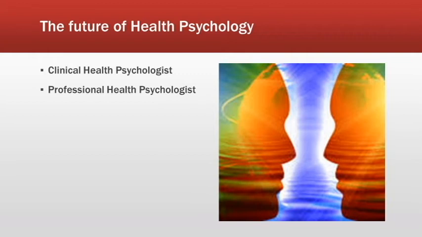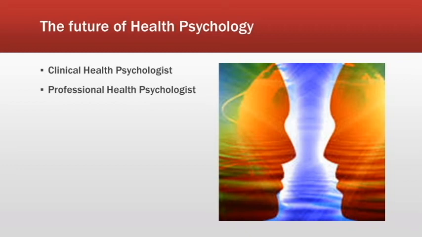Now, the clinical health psychologist is really a clinical psychologist that has incorporated health studies into their field, where they're merging clinical psychology with its focus on abnormal psychology and on the assessment and treatment of individuals in distress, and the content of the field of health psychology.